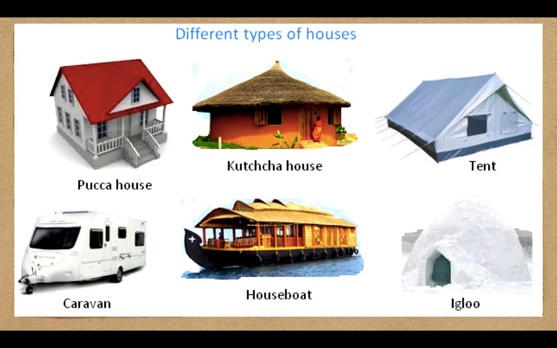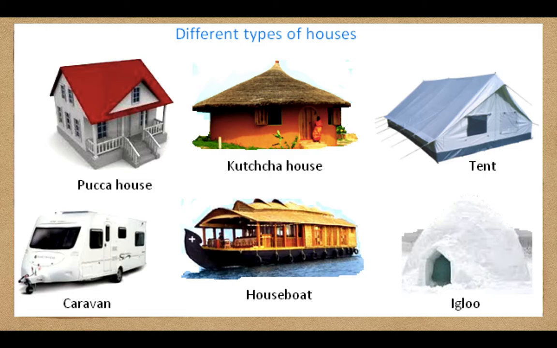Then the kacha house. Kacha house is made up mainly of grass and mud. And if you have noticed, farmers in the field make this kacha house and they stay there. The hut is made up of grasses.